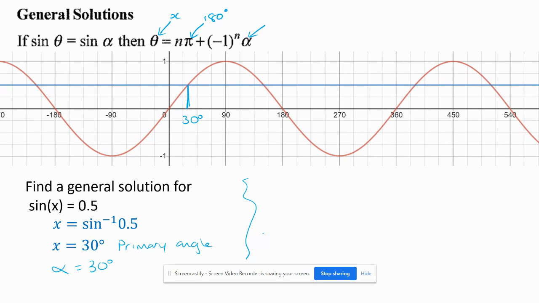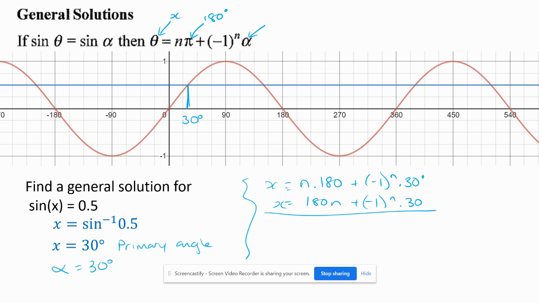So our general solution will be x equals n pi, which is n times 180 in degrees, plus negative 1 to the power of n times alpha. And this angle here is 30 degrees. So we have 180n plus negative 1 to the power of n times 30. And that's our general solution.